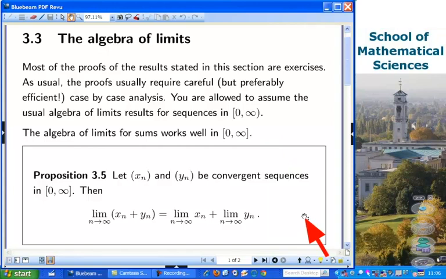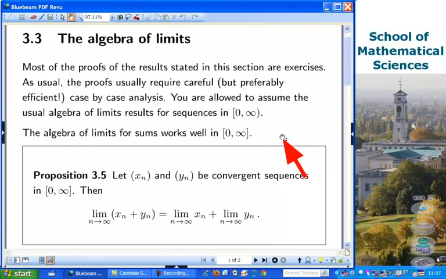If you want to use the usual algebra of limits to deduce the new algebra of limits, you've just got a few extra cases to consider, and I've almost given you enough information already with the sandwich theorem from last time. Essentially, if you've got two sequences of non-negative extended real numbers, and they both converge to a real number, then after a while both sequences will consist only of real numbers, and you just go back to the usual algebra of limits for real sequences.